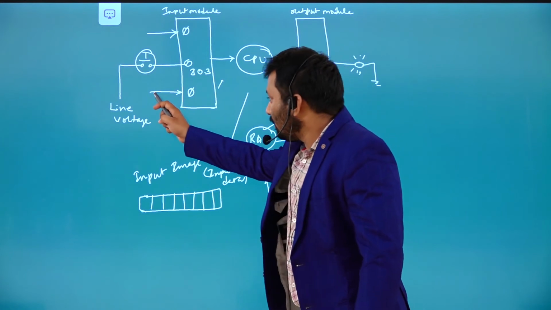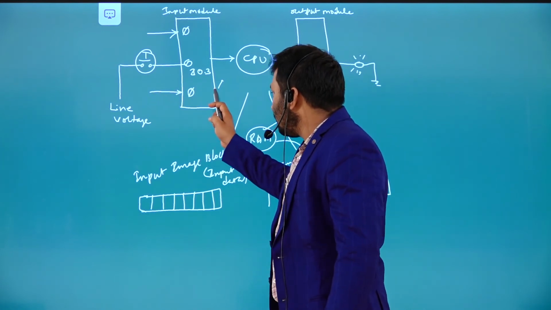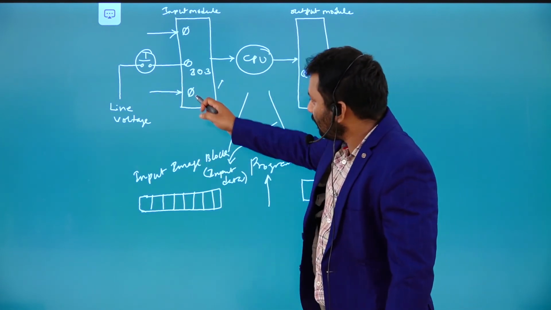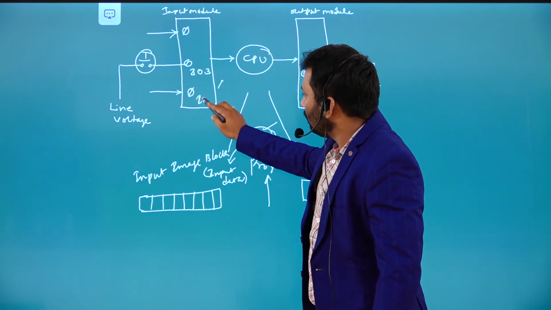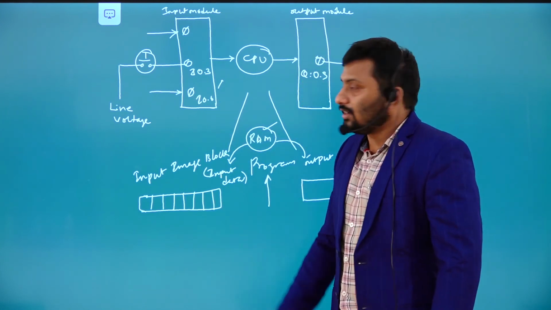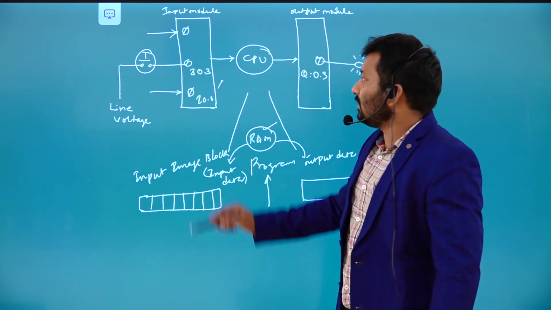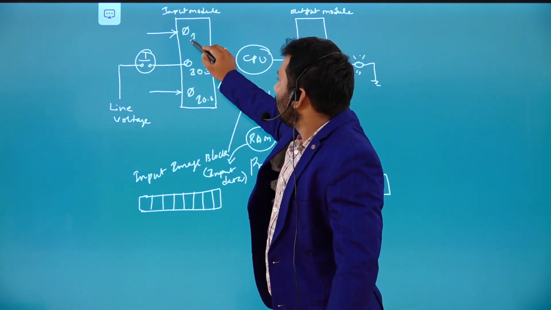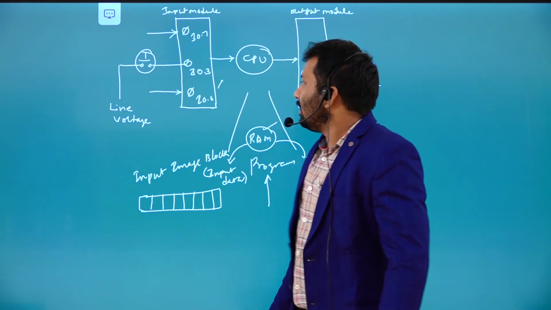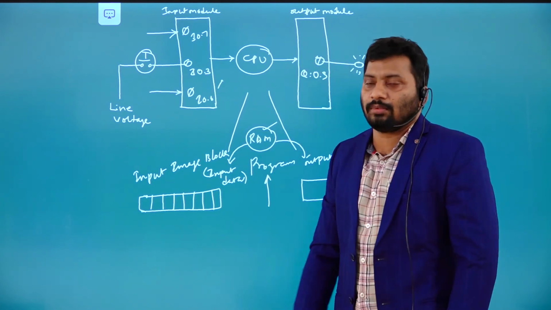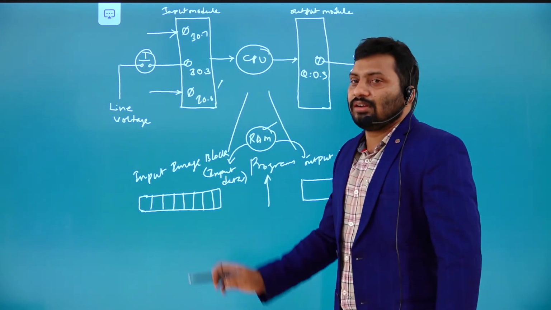If you don't connect any input device to a particular terminal, what is the data expected at that terminal? It's a 0 only. In the similar way, the last terminal is going to get 0 only, except this particular 4th terminal. Remaining all are by default zeros.